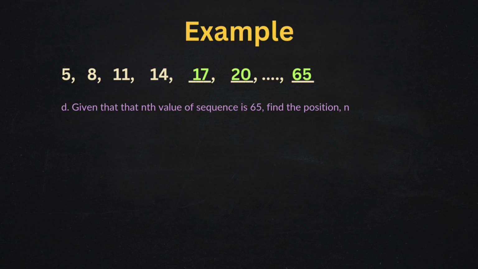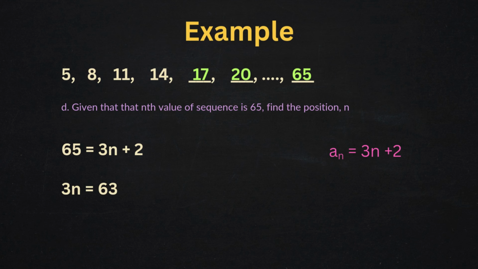To find the position, or in other words, the value of n, we will use the an formula for the sequence, which is an equals 3n plus 2. Here, an is 65, and we have to find the value of n. Therefore, we will plug in the values in the equation, and we get 65 equals 3n plus 2. Solving it gives us 3n equals 63, and n equals 21.